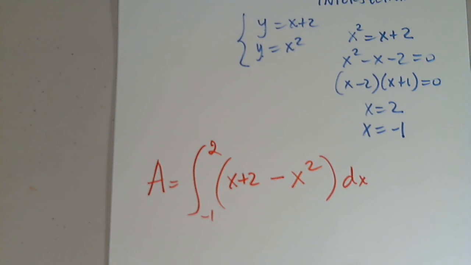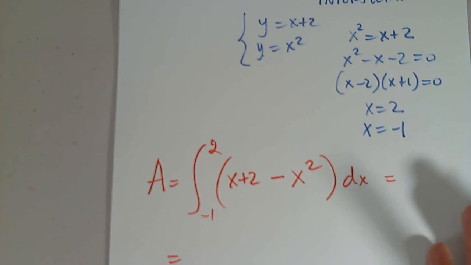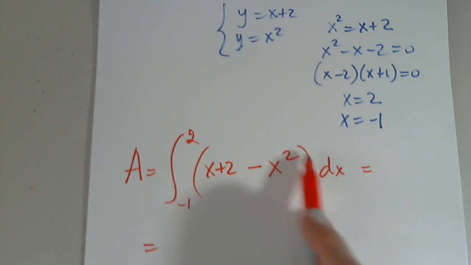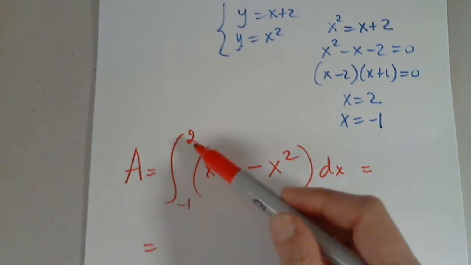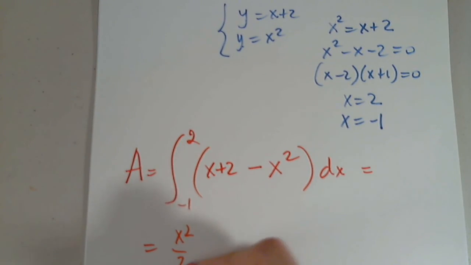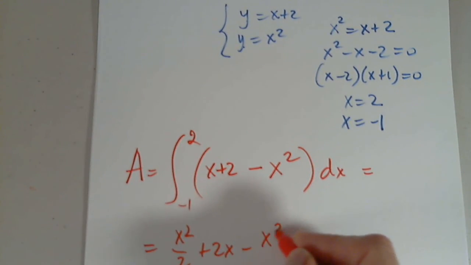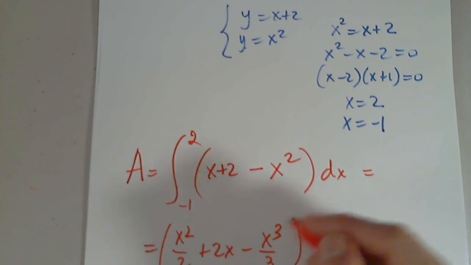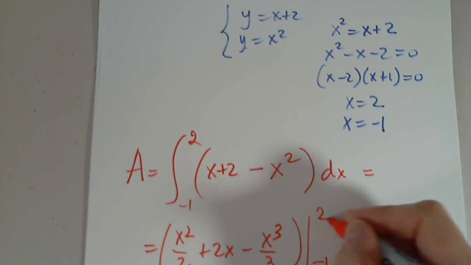It's x squared. So now I continue. From here on, I apply the fundamental theorem of calculus. This is a continuous function on the interval -1, 2. And I have x squared over 2 plus 2x minus x cubed over 3, from -1 to 2.